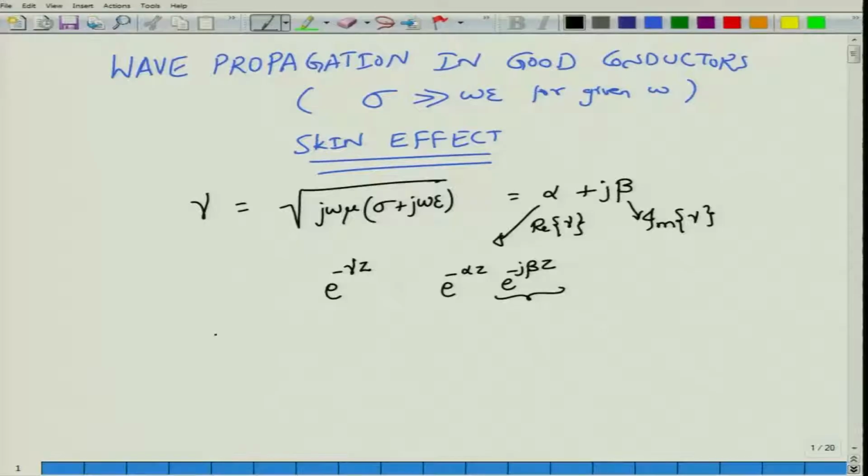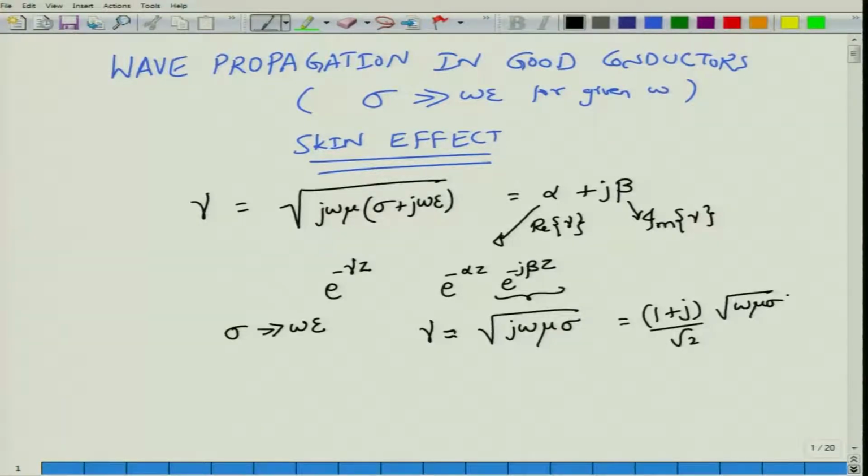For the case of a very good conductor, sigma is much larger than omega epsilon, therefore gamma can be approximately written as the square root of j omega mu sigma, and we have already shown that this can further be written as (1 plus j) divided by root 2, into the square root of omega mu sigma.